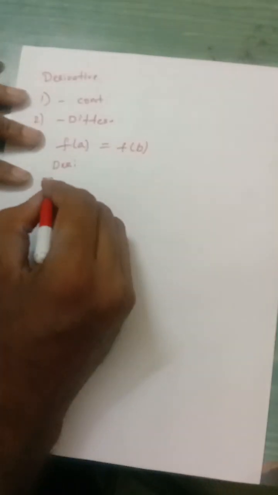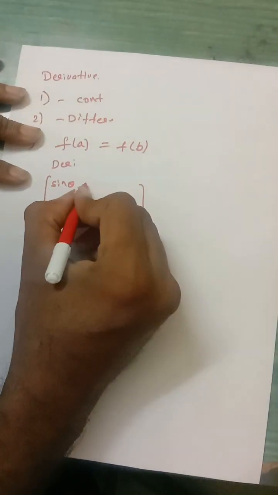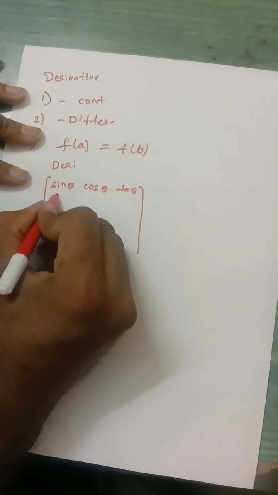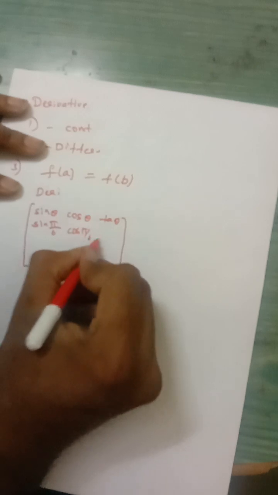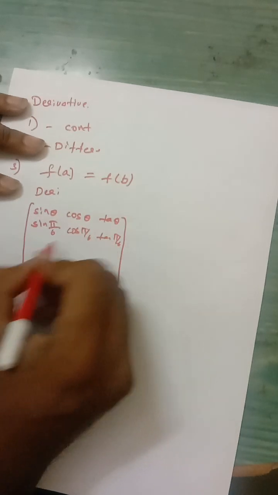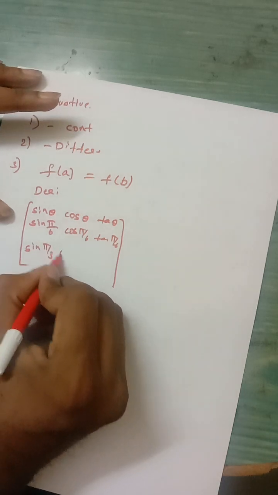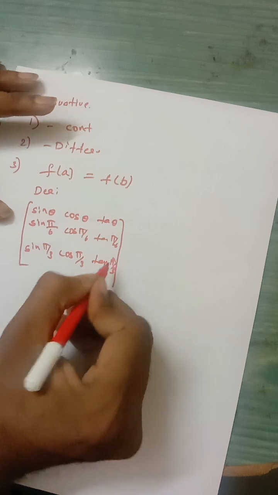So for θ we have sin θ, cos θ, tan θ, then sin π/6, cos π/6, tan π/6, and sin π/3, cos π/3, tan π/3.